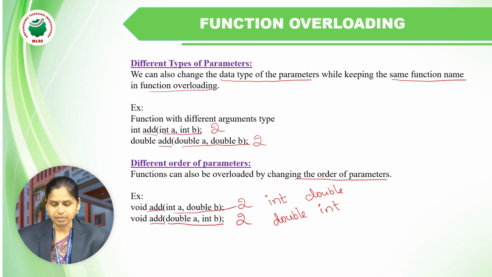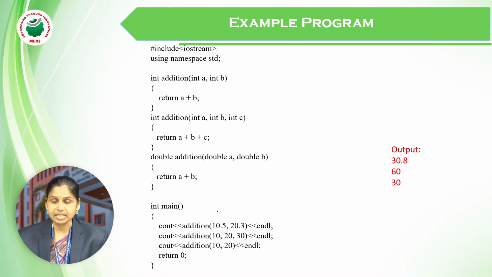In the third case, we are differentiating these 2 functions by using the order of the parameters. In function 1, the first data type is integer and the second data type is double. But in the second example, the first data type is double and the second data type is integer. Here the order is different. In these 3 ways, we can overload the functions.